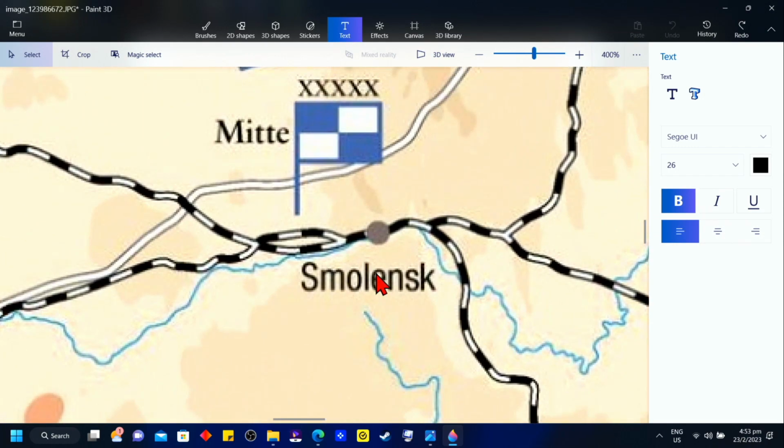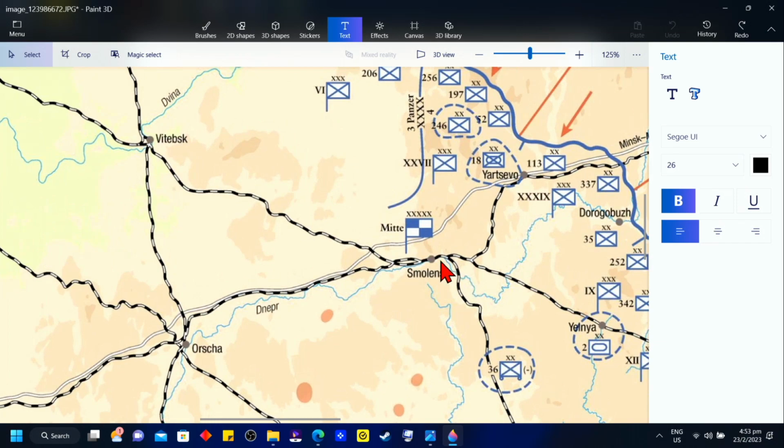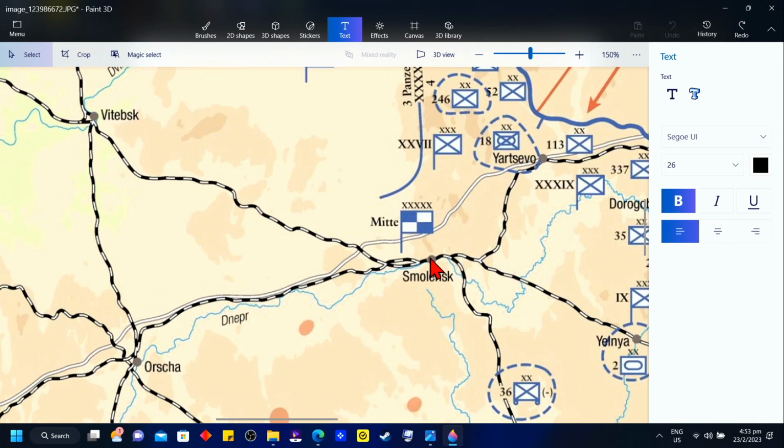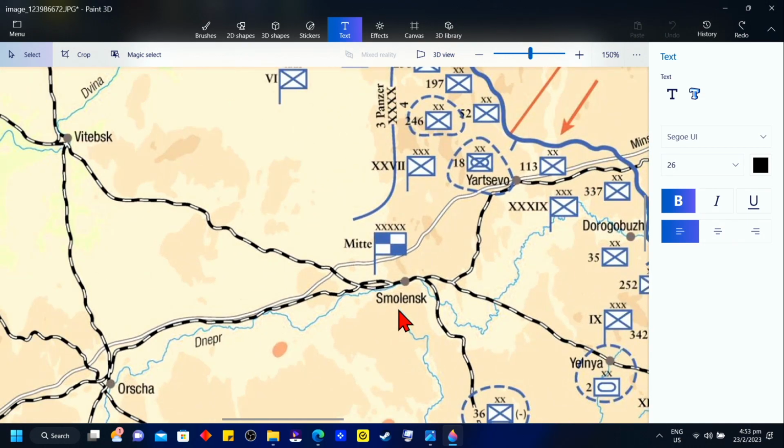They had some pioneer regiments tasked with completing a defensive ring around the city within 3 months.